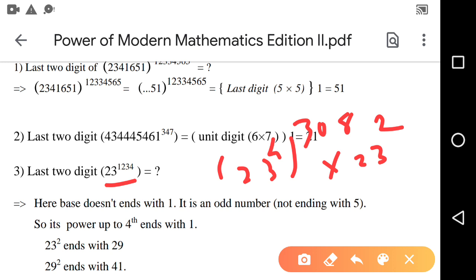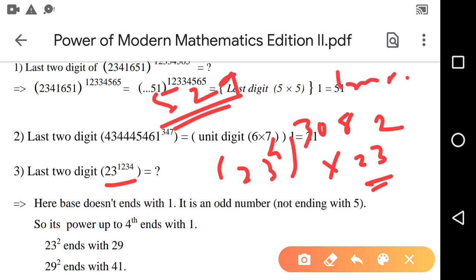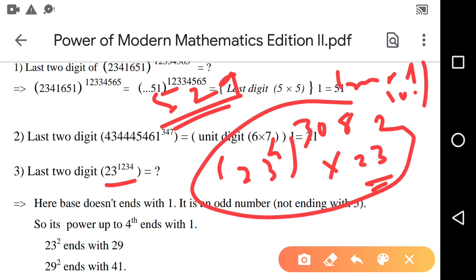Now 23 raised to 2, that is the square of 23, is 529. And we just like to calculate the last two digits, meaning modulo 100. So we have to calculate the remainder of this whole number divided by 100, friends.